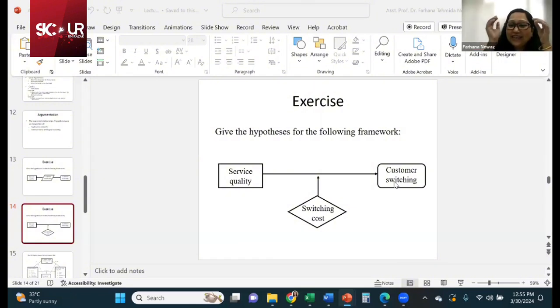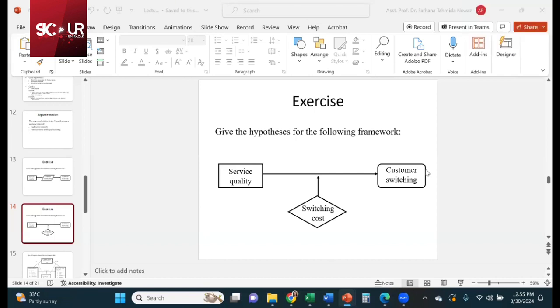Getting interesting. Then who else now? I'm saying that you are not getting any arrow from switching cost to customer switching, right? But it influences the relationship. It's going to be not significant, right? One by one.